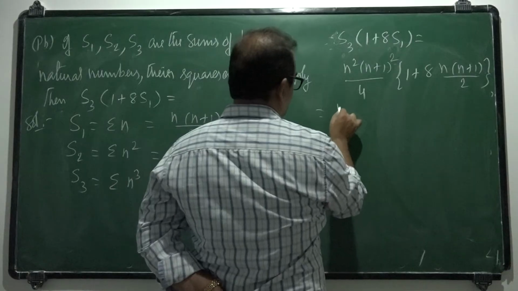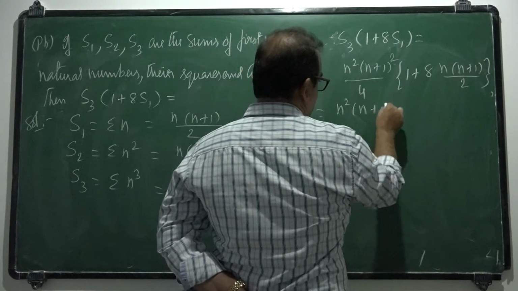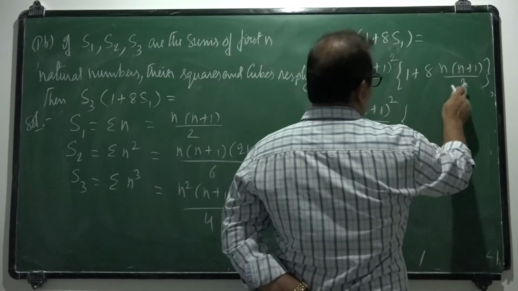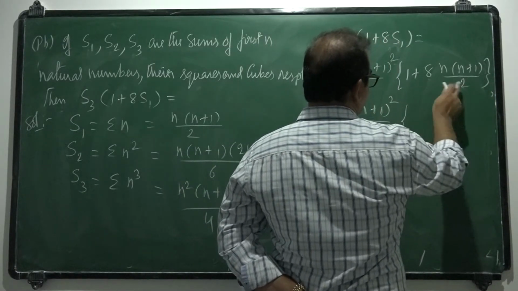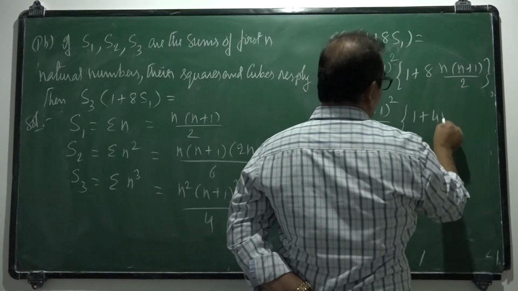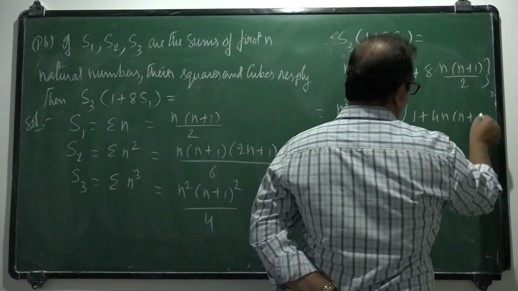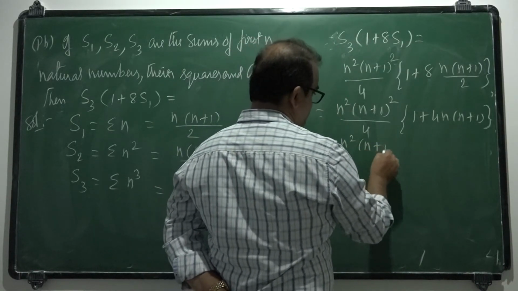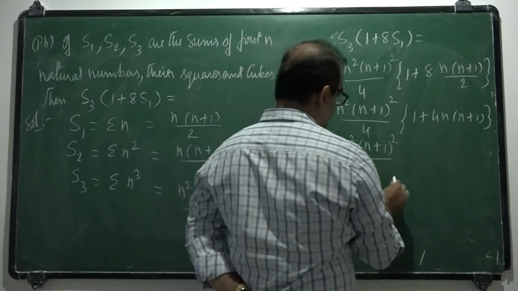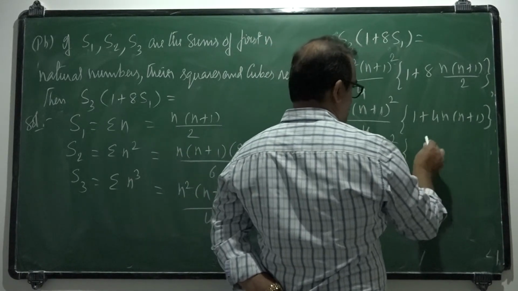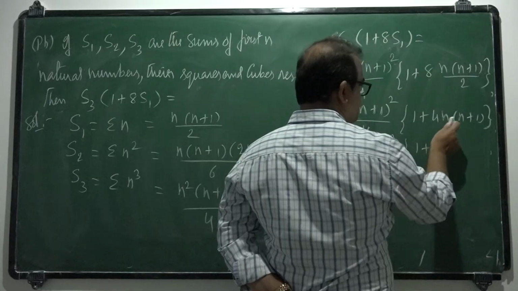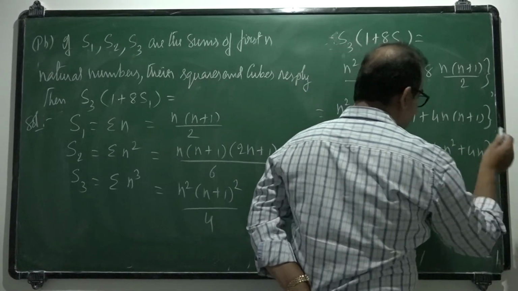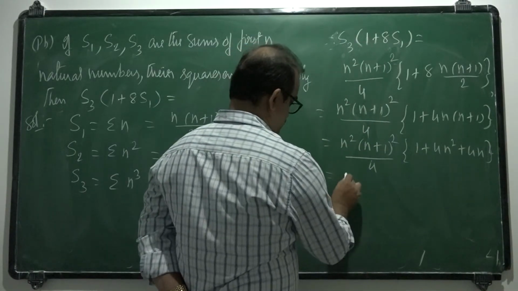That is equal to n square into n plus 1 whole square by 4 into, the 4 times cancel, 2 into 4 is 8, 1 plus 4n into n plus 1. This is n square into n plus 1 whole square by 4 into 1 plus, take this 4n into bracket, 4n square plus 4n.